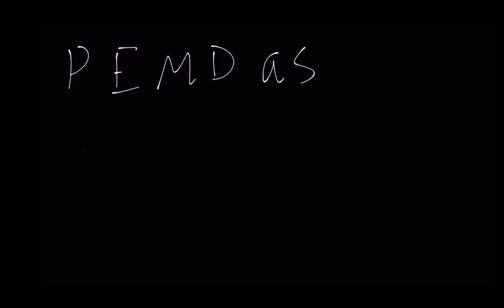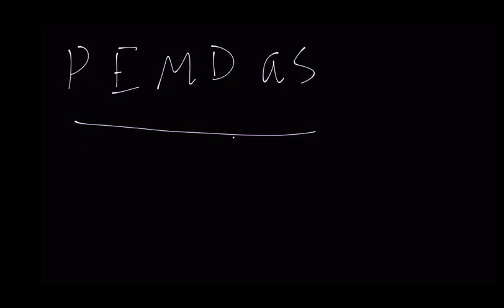P represents parentheses, E represents exponents, M represents multiply, D represents divide, A represents addition, and S represents subtraction. So this is the order you always have to go.